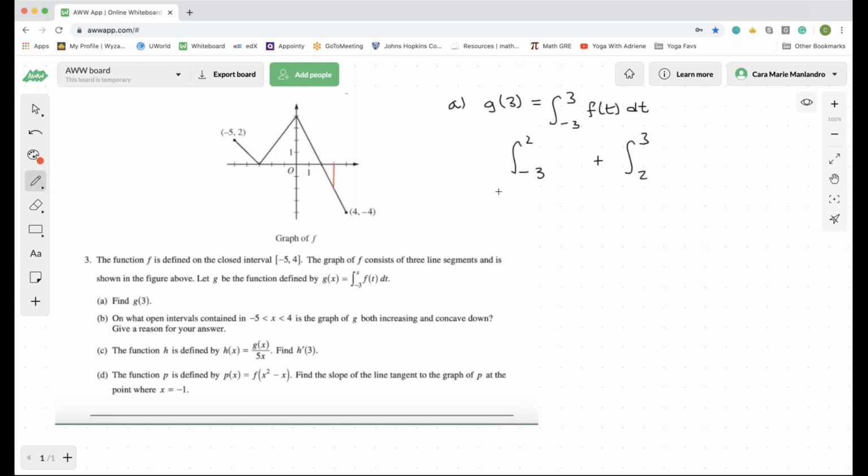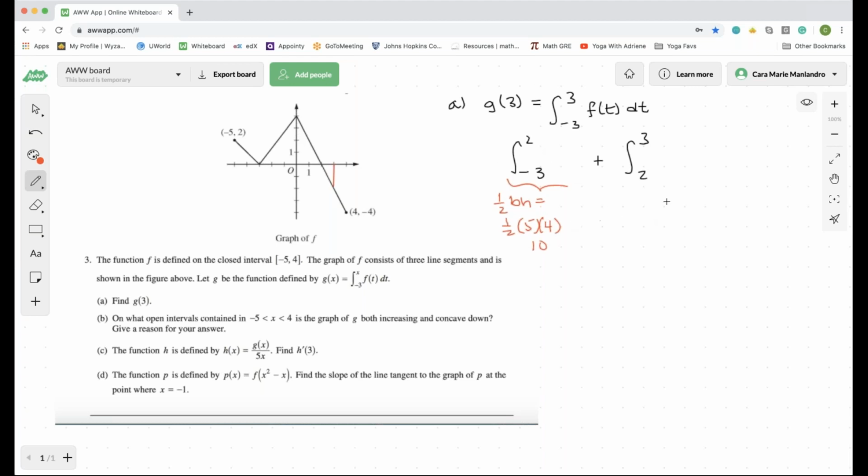For the first integral, we have a triangle. The area of that triangle is 1/2 base times height. So 1/2, the base is 1, 2, 3, 4, 5, and the height is 1, 2, 3, 4. So this is 10.